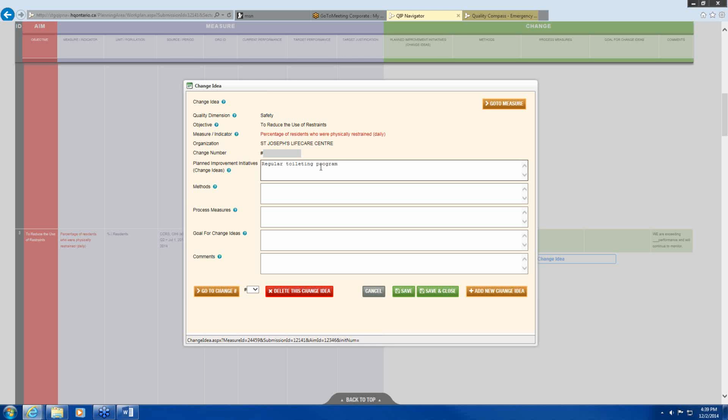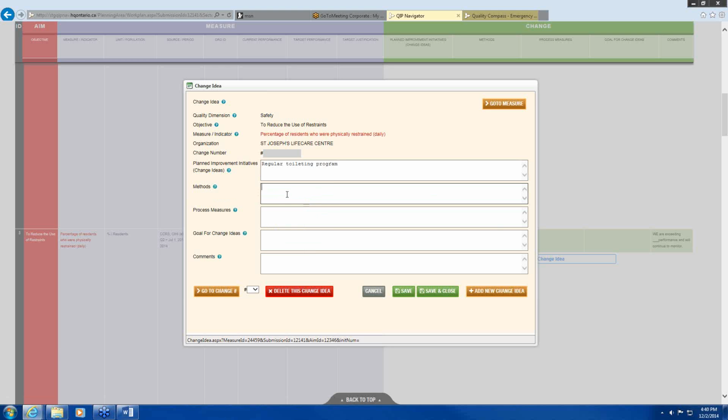And we certainly know that the restraint use interferes with skin and causes more agitation and then maybe more medication. So that might be something that you're looking at.